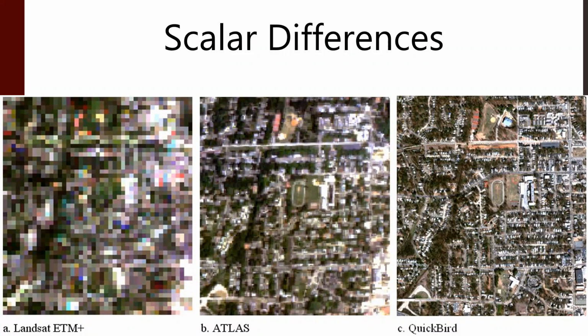I think that's what this is showing. In QuickBird, we can see the trees in the urban areas and the fields and the tennis courts and the highway overpass. And the parking lots. With Atlas, I think I see a road.